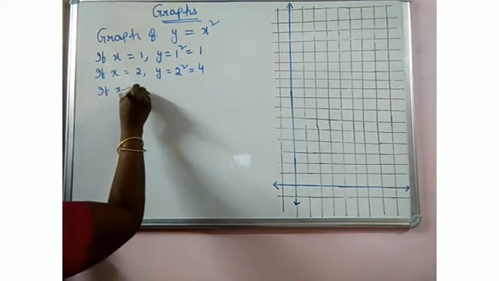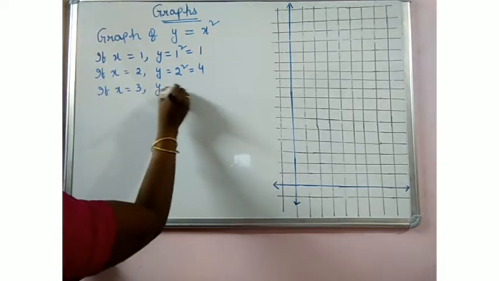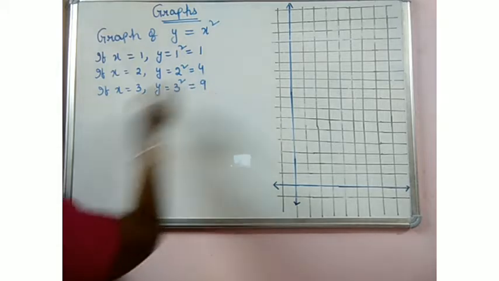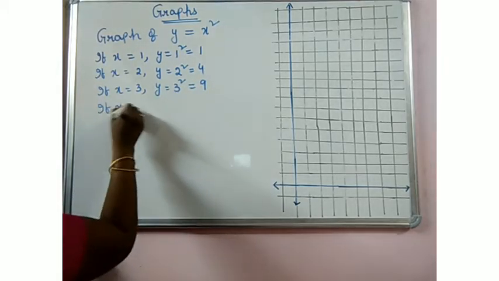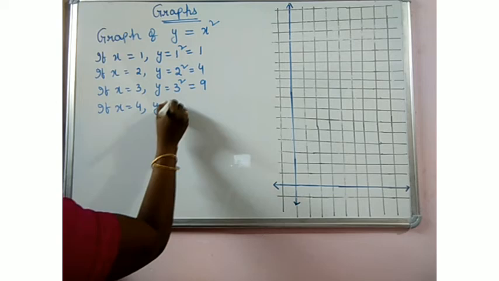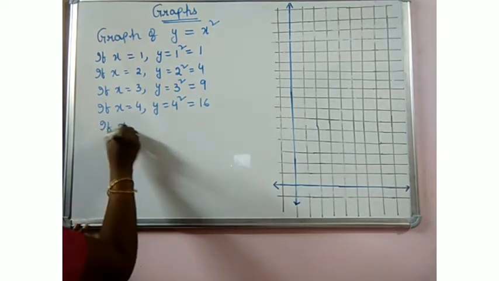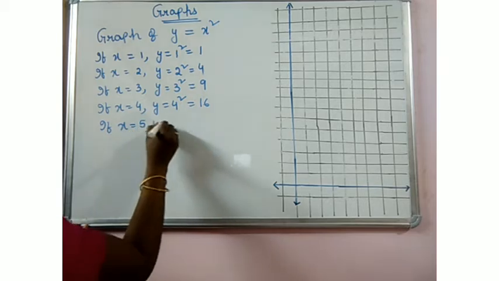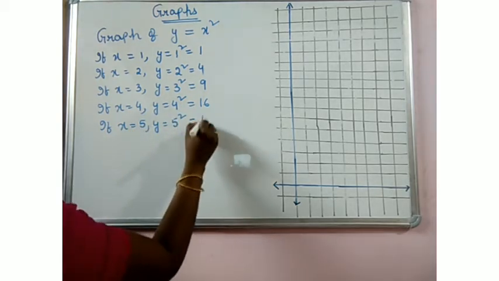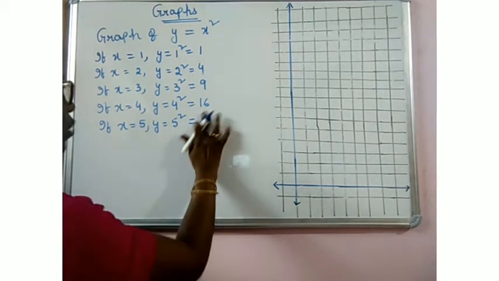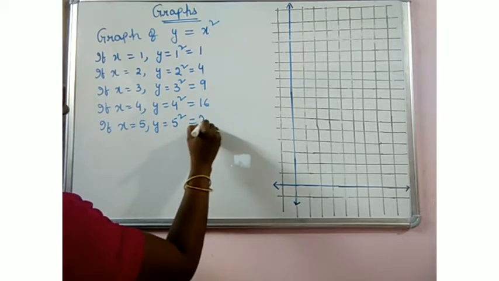If x is equal to 3, y is equal to 3 square, that is 9. If x is equal to 4, y is equal to 4 square, that is 16. And if x is equal to 5, y is equal to 5 square, that is 16. Sorry, 25. 5 square is 25.